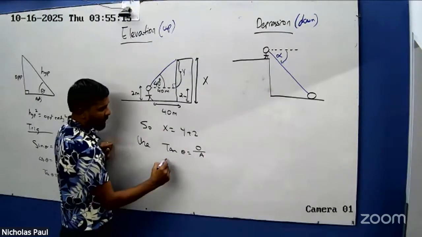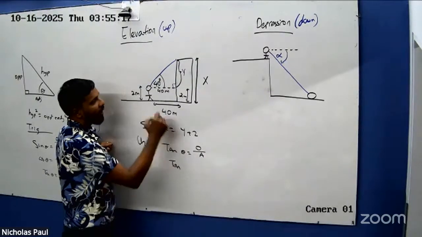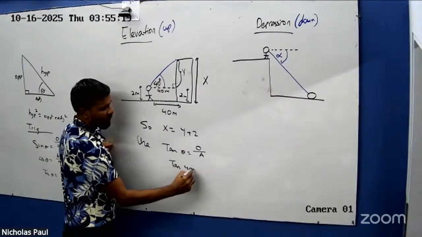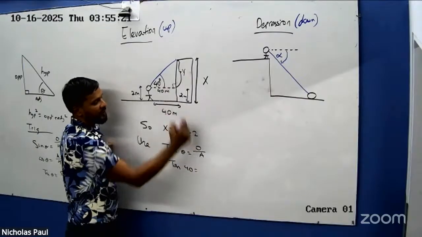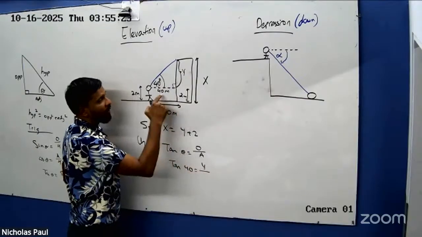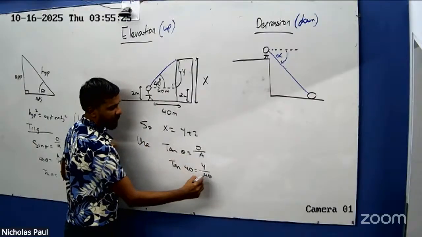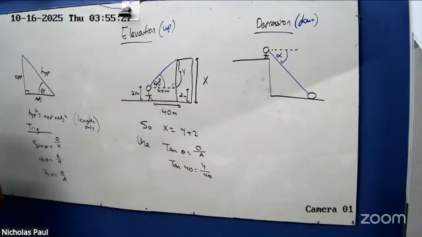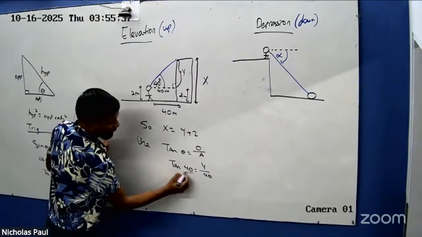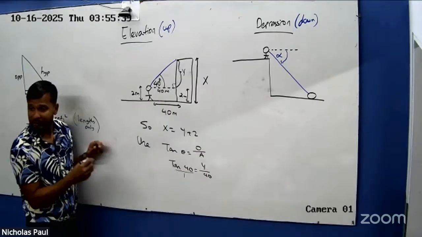Right? So that means that tan of 40 is equal to opposite, which is Y, all over adjacent, which is 40. How do you solve something like that now? You make Y a fraction by putting it over 1 and cross multiply.